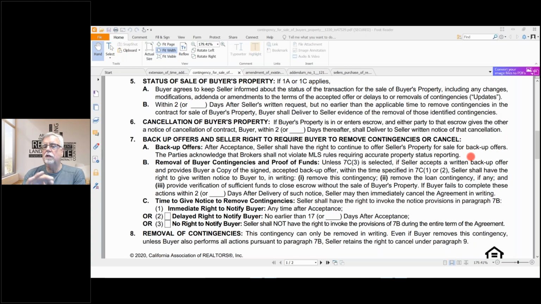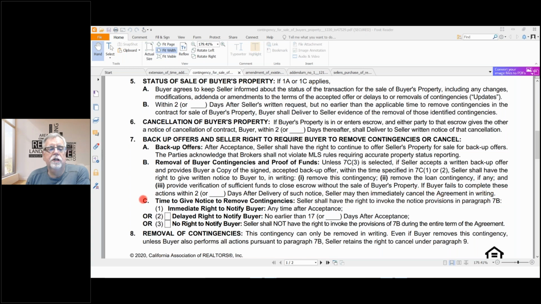And what a release clause would be, speaking of B, removal: buyer unless the seller accepts a written backup offer and provides buyer a copy of signed accepted backup offer within the time period 7C. Seller shall have the right to give written notice to buyer to, in writing, remove this contingency, remove the loan contingency if any, and provide verification of sufficient funds to close escrow without the sale of buyer's property.